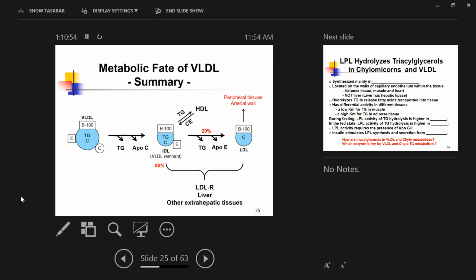So the different types of lipoproteins, if they are related, can be changed depending on the metabolic state. Both IDL and LDL can be picked up by the liver and also other peripheral tissues like artery wall and macrophages, which is related to the disease condition atherosclerosis.